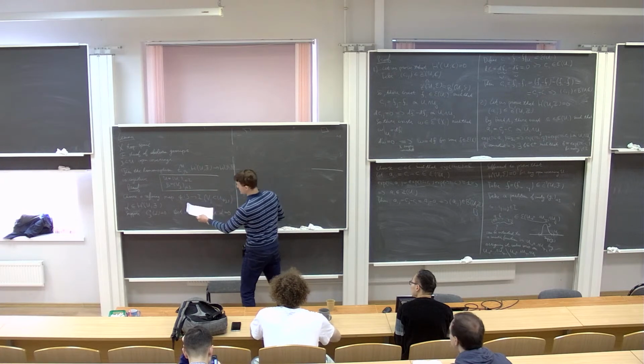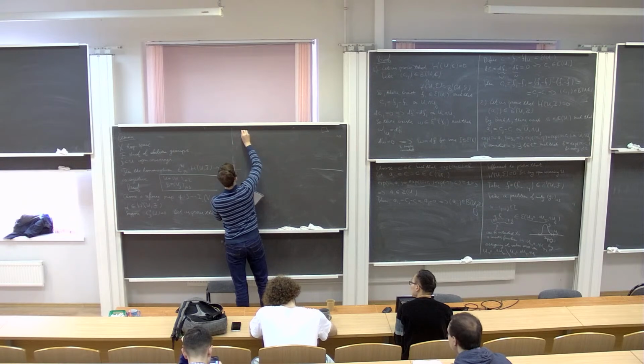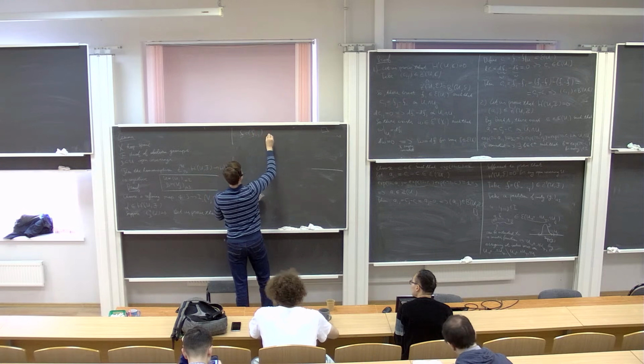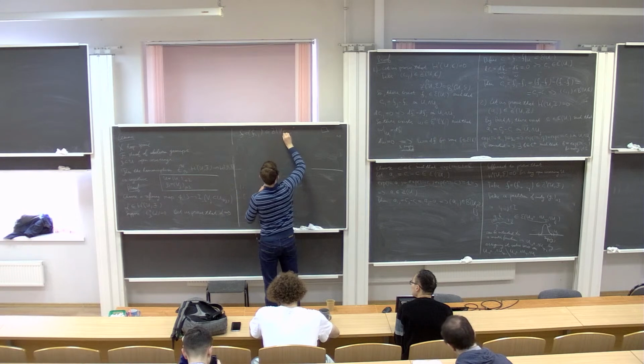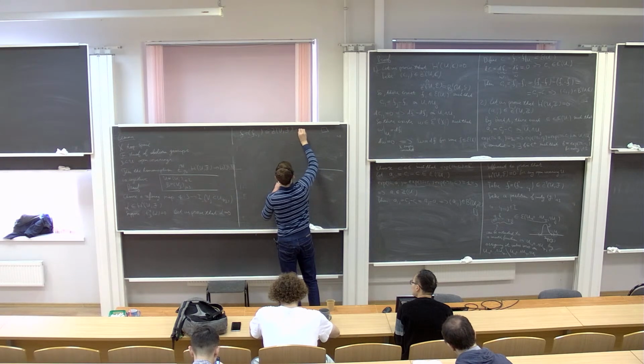So we choose a representative for alpha. So f_ij in Z^1(U), a representative of alpha.